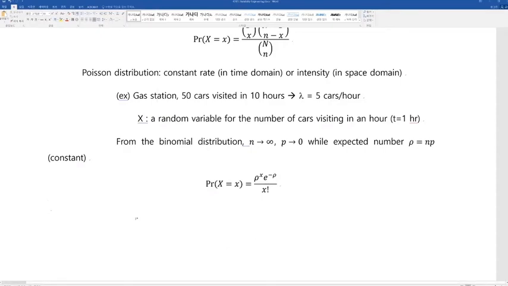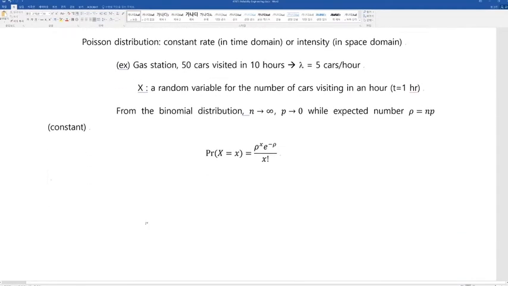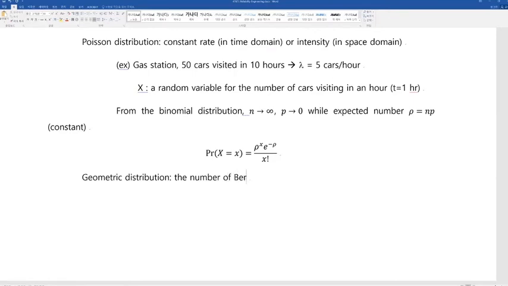After Poisson distribution, next would be geometric distribution. So geometric distribution is about Bernoulli trials.